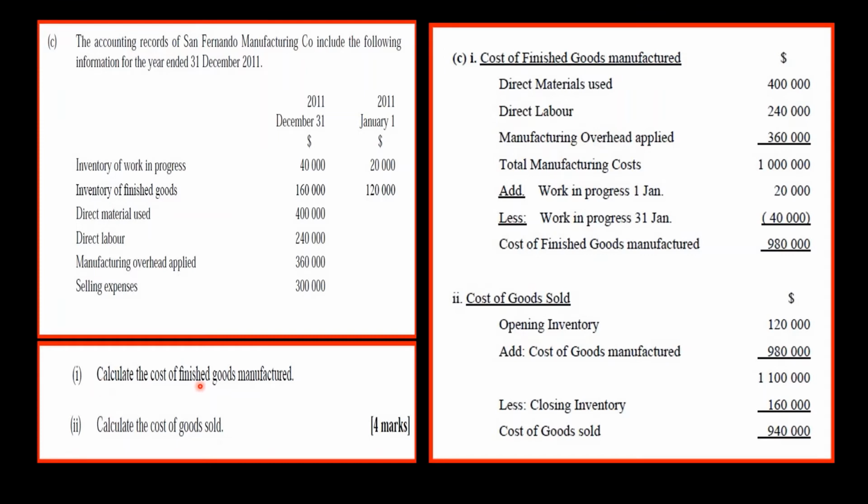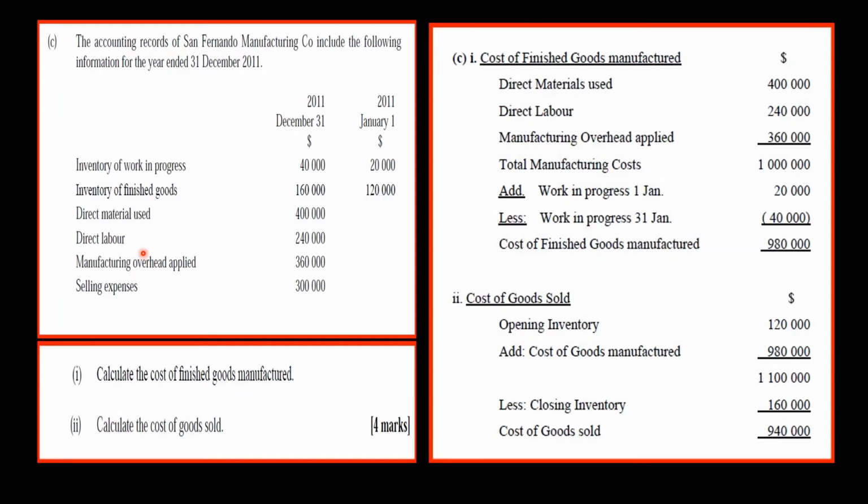Calculate the cost of finished goods manufactured. Calculate the cost of goods sold. Okay. They are the abbreviated form of the information normally given for a manufacturing account.